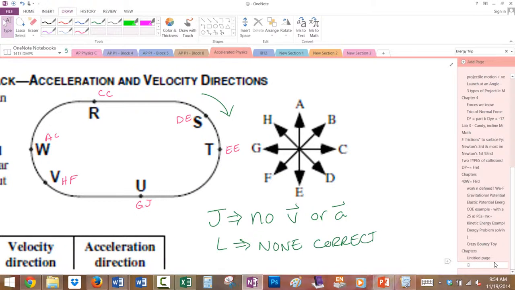What's one of them? It's turning, changing direction. So acceleration means either that we're changing direction or what else? Changing speed. There you go.